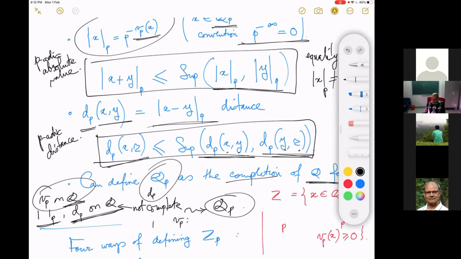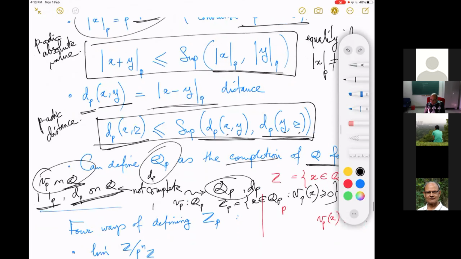When you complete a metric space for a distance, the distance extends to the completion, right? And therefore, you'll also get a valuation on QP, and you can define ZP as the set of elements in QP with valuation positive.